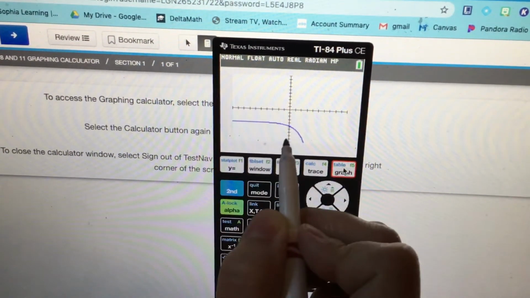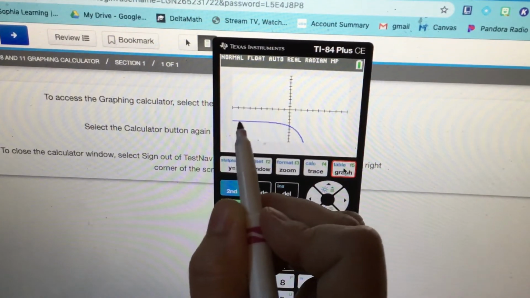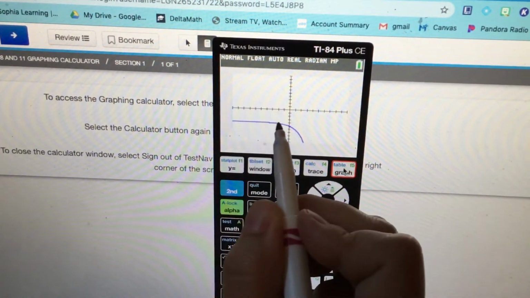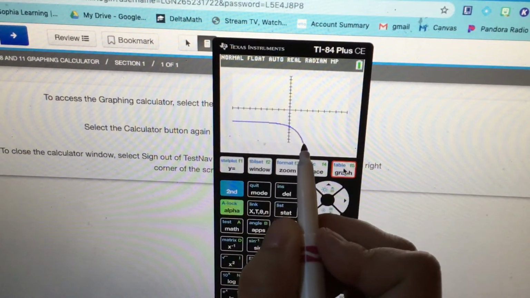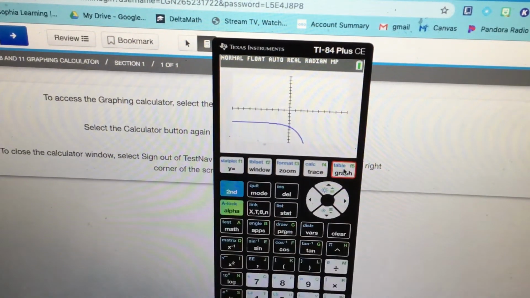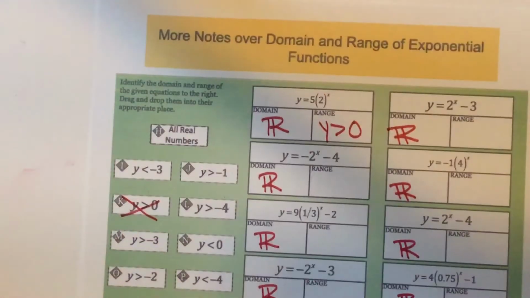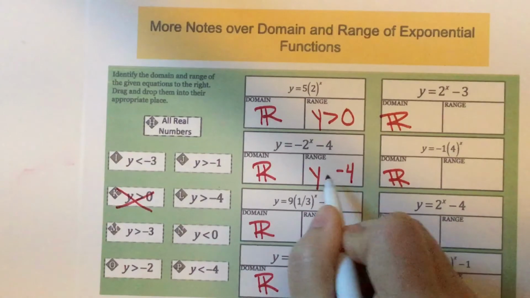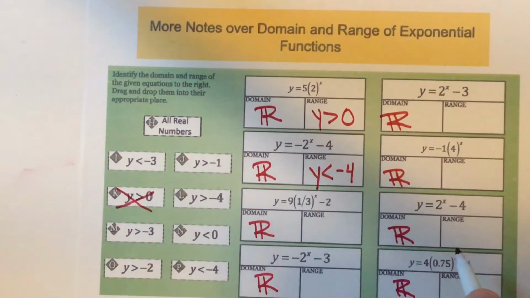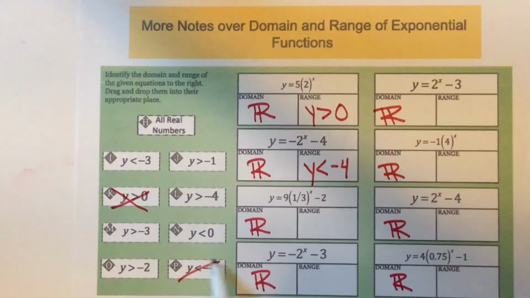So this graph is getting really, really close to -4. But then what happens when you go this way? You go down, down, down, so y's get less. The y starts off being really close to -4, but then it goes down, so it gets less. And that's this one, so I'm done with it.